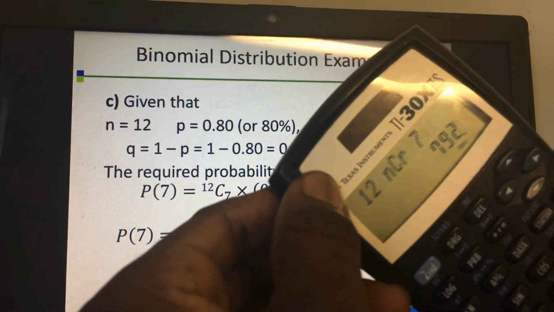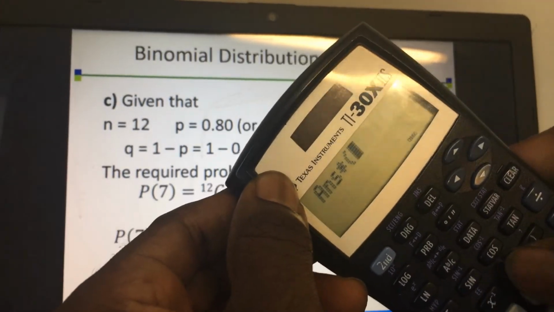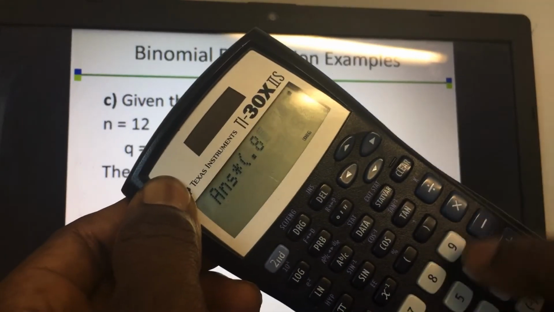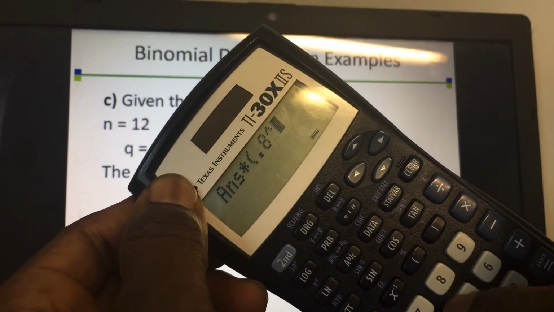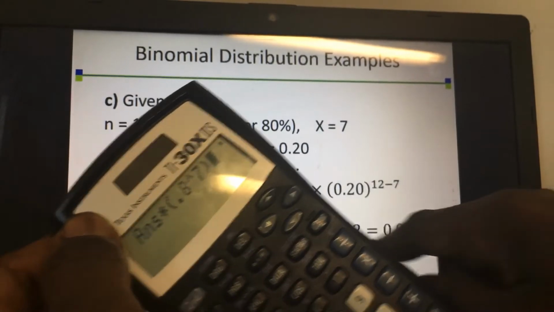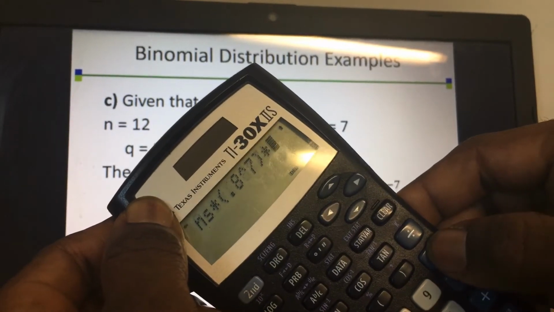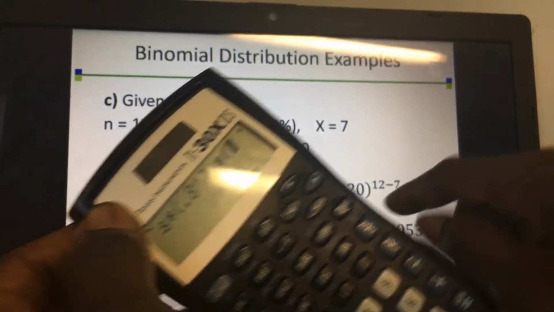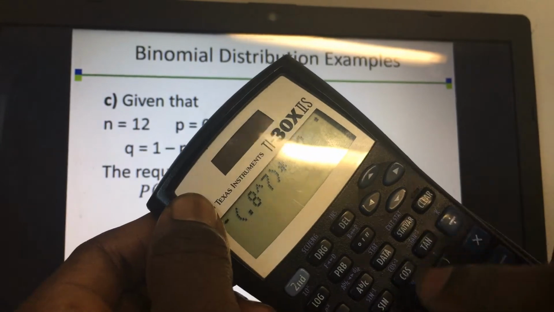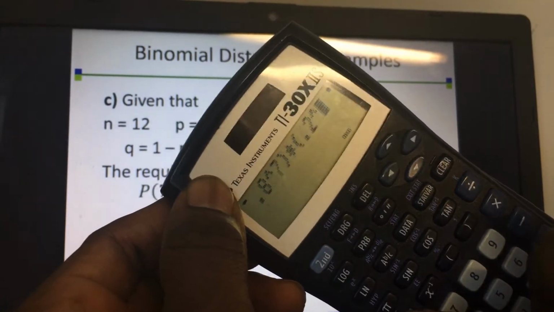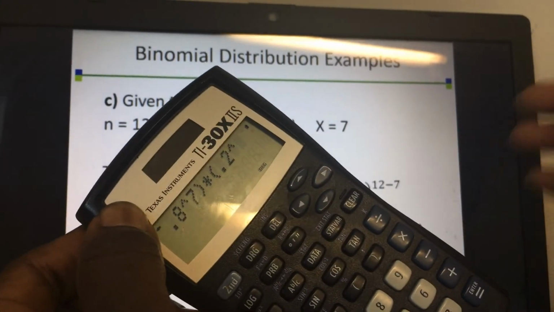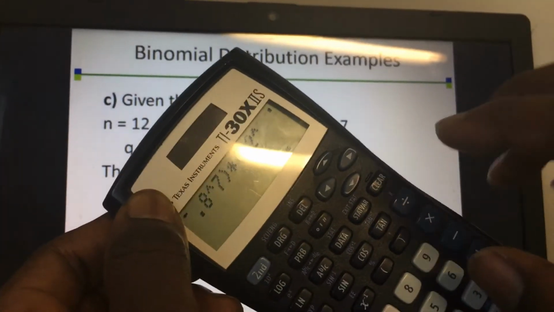Times, in parentheses, 0.8 raised to the power 7, times 0.2 raised to the power 12 minus 7. 12 minus 7 is 5, so it's 5.